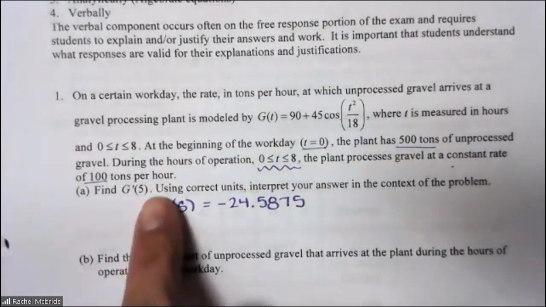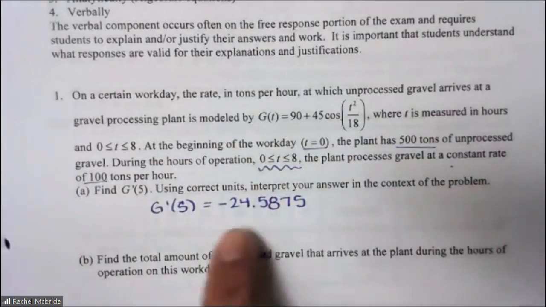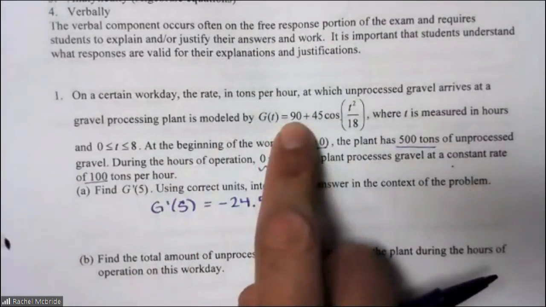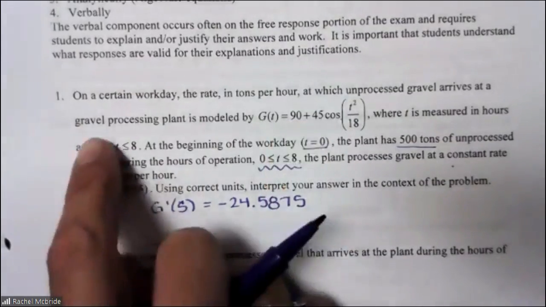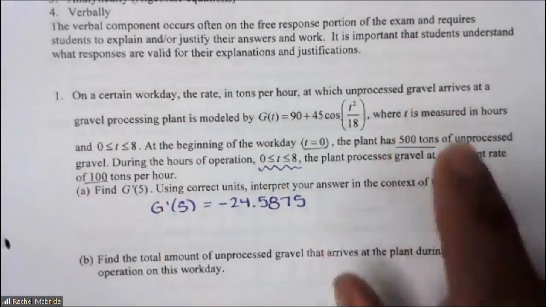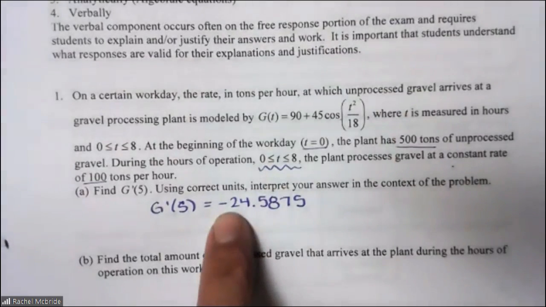The second part though says using correct units, interpret your answer. All right, so G of X represents the gravel that is unprocessed or arriving. That's like my rate in. It's decreasing.